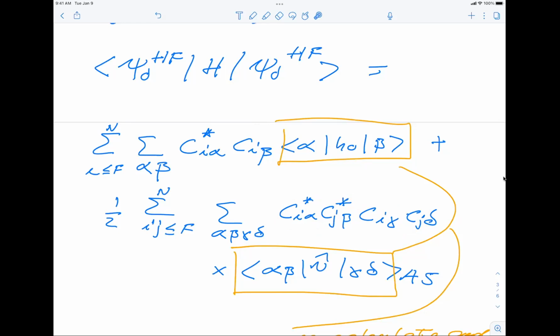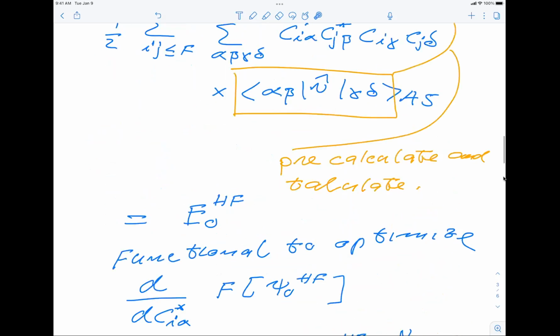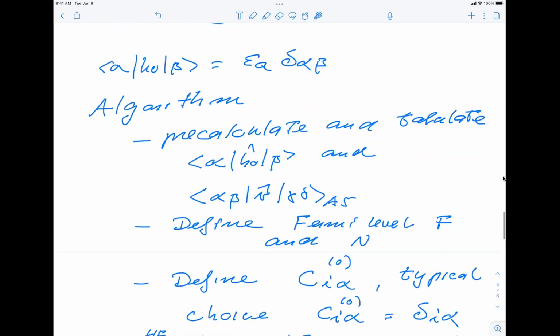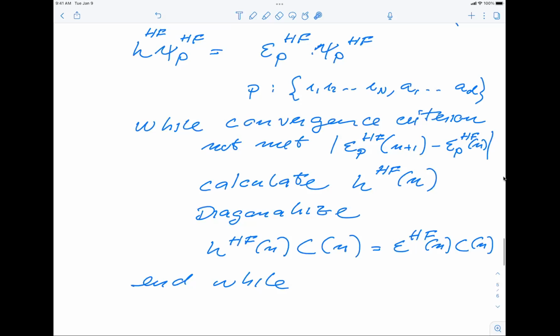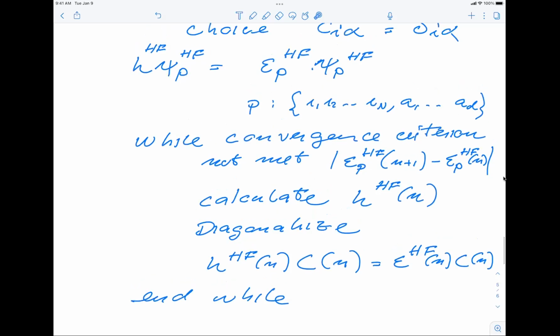But now you have a loop over 4 indices. You have to loop over I and J. Here you have a double loop, and you have to loop over I. So you actually have 6 summations and 3 summations there. And that's numerically very expensive for every iteration. So typically people will do the convergence test on the single particle energies, because then the only thing you need to do is to calculate this one.